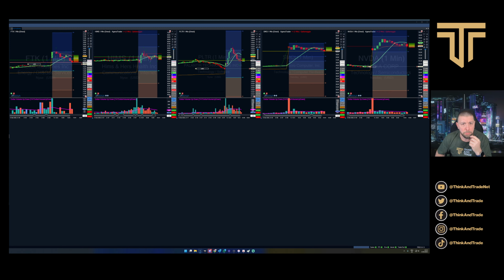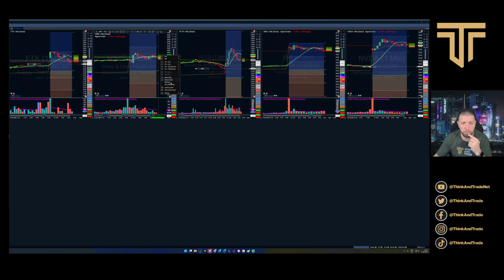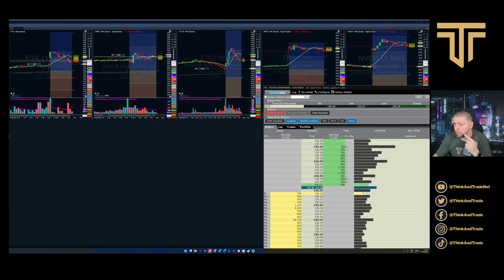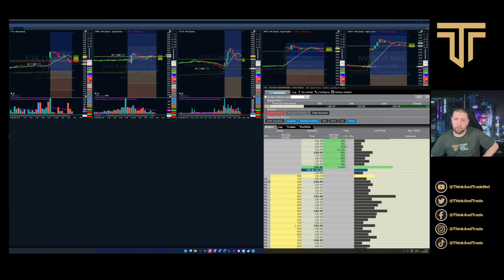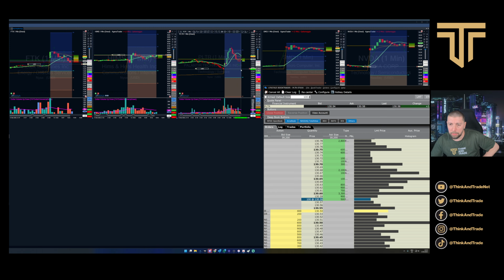Hims and Hers, could be a play. Looking into Palantir. 130 seems the price, which is currently protected, but could be that we have a reversal here.